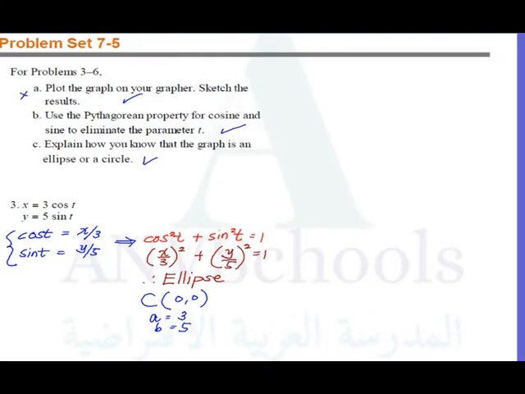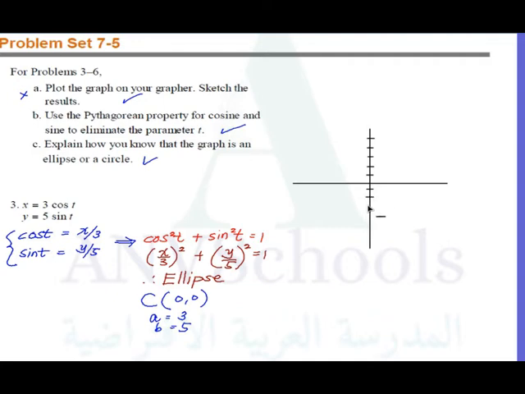Okay. So let's graph this ellipse. We have a semi-major axis at the y-axis. So 1, 2, 3, 4, 5. 1, 2, 3. I think it's narrower below.